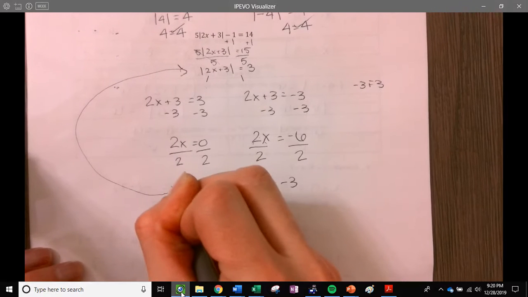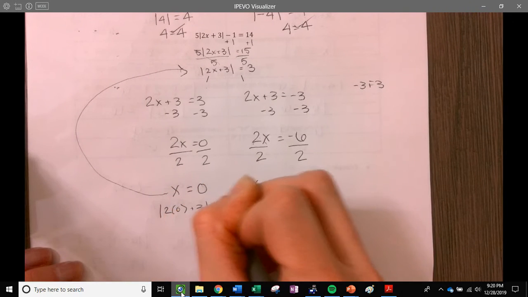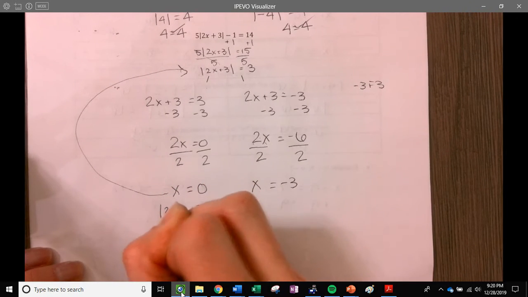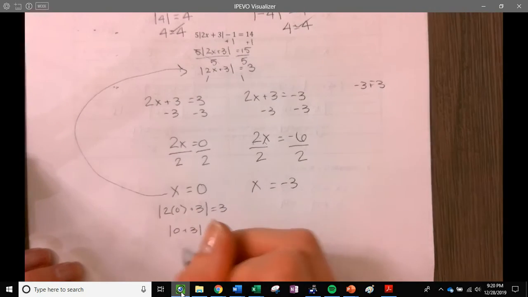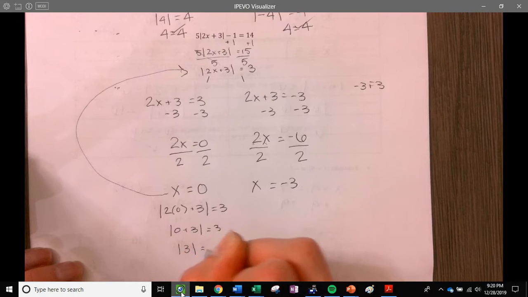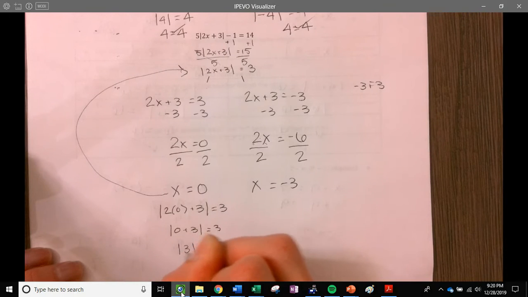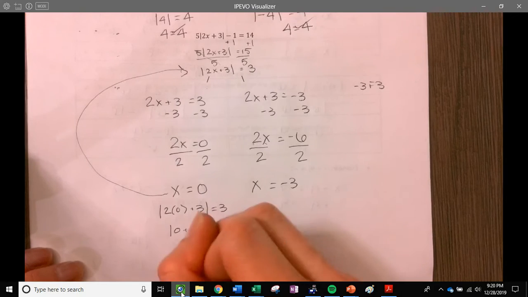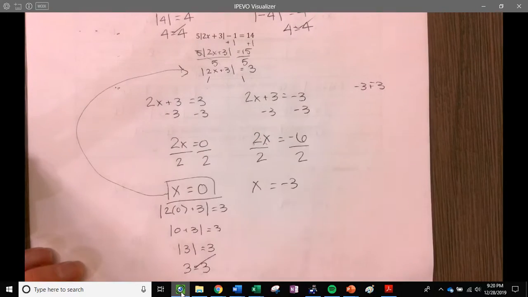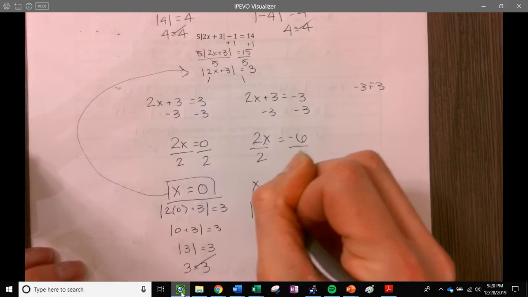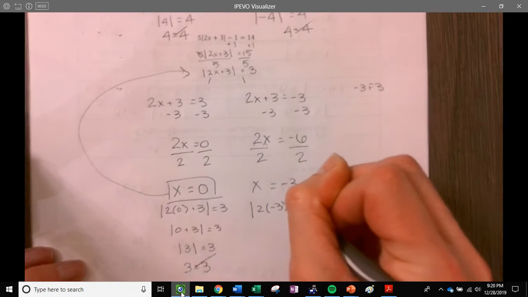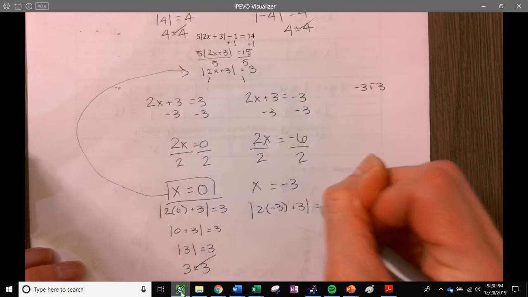So we can check into that simplified version. The absolute value of 2 times 0 plus 3 equals 3. So that's the absolute value of 0 plus 3, which is 3. Drop the brackets because this is the only thing left inside. It's already positive, so nothing changes. 3 equals 3. Yes, x equals 0 works. Let's try the same thing here. 2 times negative 3 plus 3 equals 3.